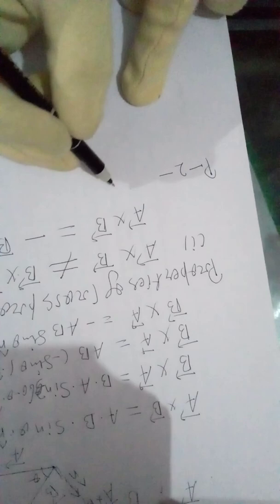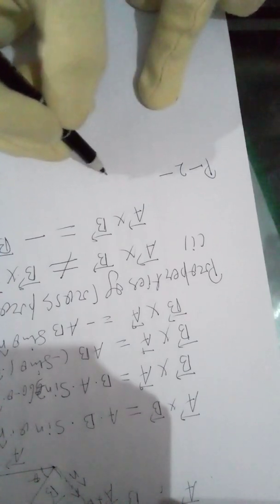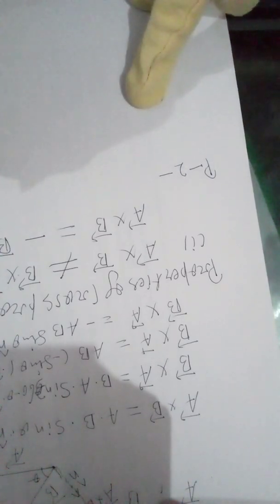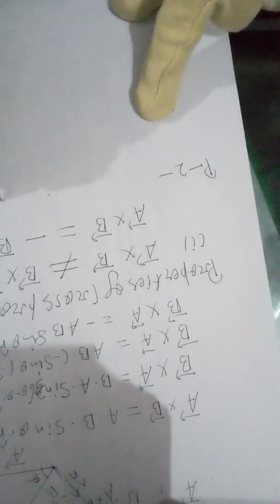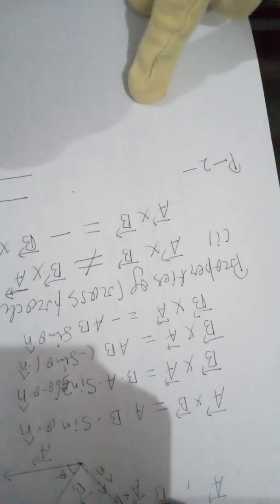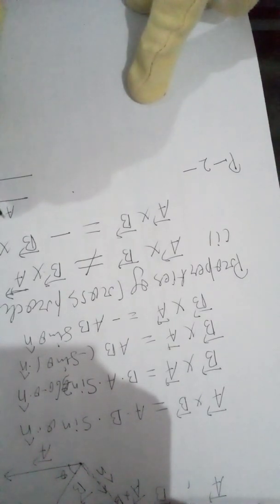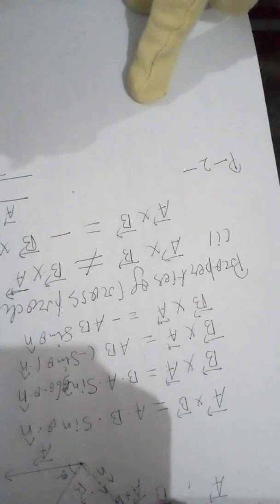Second property. The cross product of two parallel vectors is 0. Suppose this is vector A and this is vector B. The angle between parallel vectors is 0.